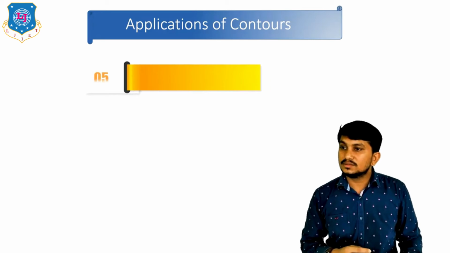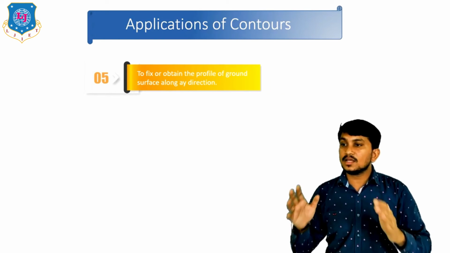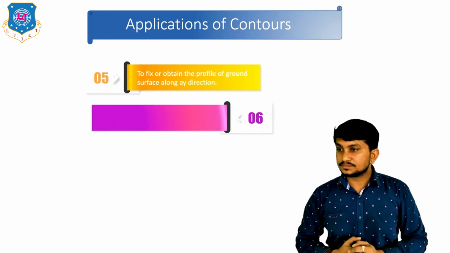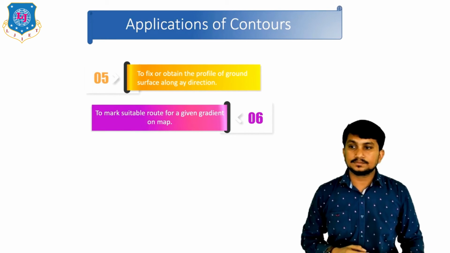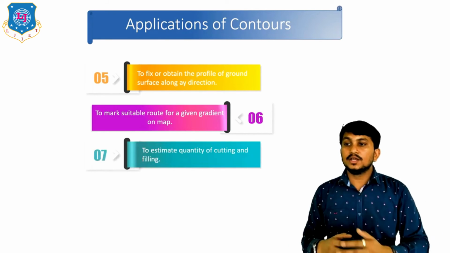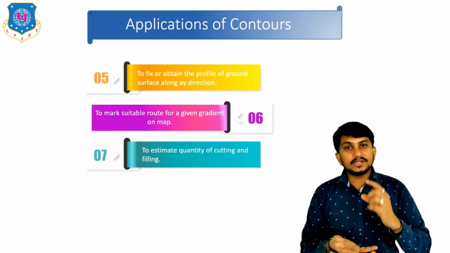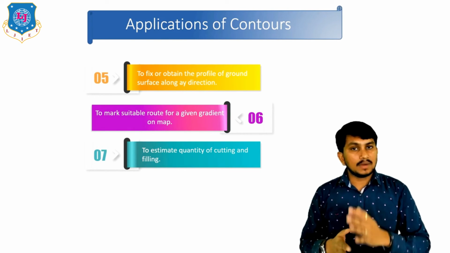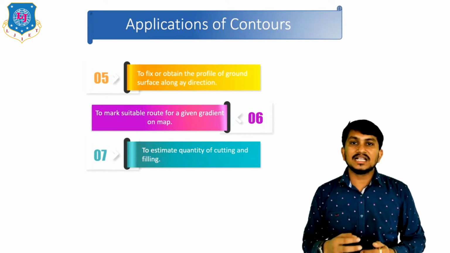Next is to fix or obtain the profile of the ground surface along any direction. Next is to mark a suitable route for a given gradient on the map. Next is to estimate the quantity of cutting or filling, because in contour lines the vertical distances or the height of the ground can be observed, so by studying the contour map we can calculate the quantity of cutting as well as filling.